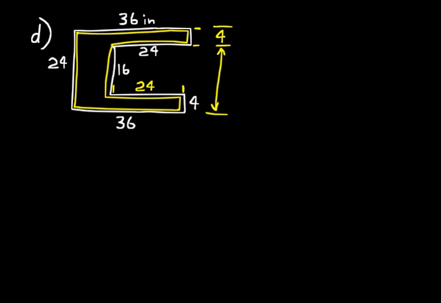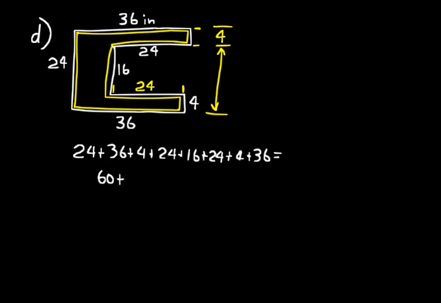Now I can go ahead and add up, and I'll start with 24 plus 36 plus 4 plus 24 plus 16 plus 24 plus 4 plus 36. Our units are inches on this one as well. Now go back and add in pairs, and 24 and 36, that would be 60. Plus 4 and 24 would be 28.